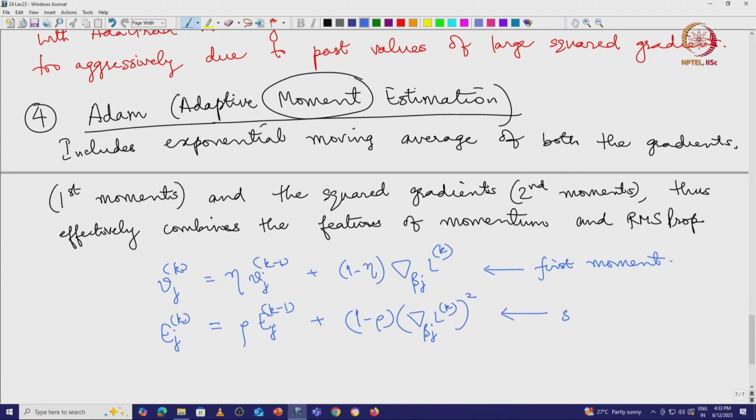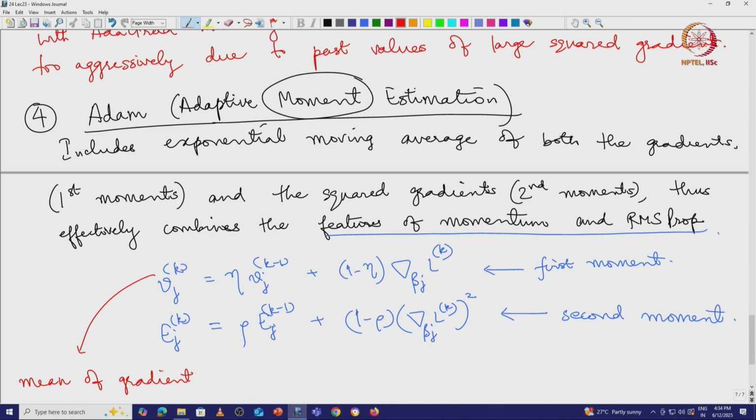So, this is the second moment. That is how it is combining the features of both momentum and root mean squared propagation. So, this is the mean of gradients with a forgetting factor, and this is the mean of squared gradients.